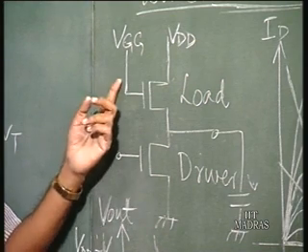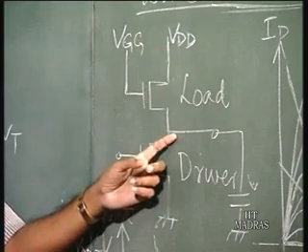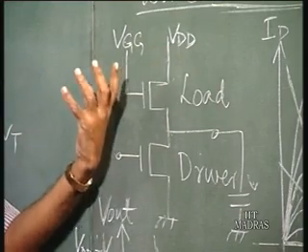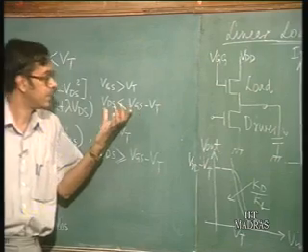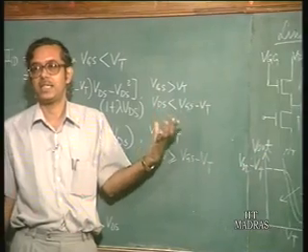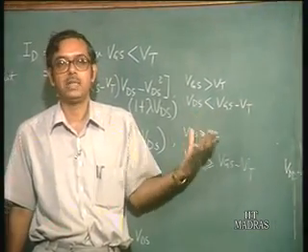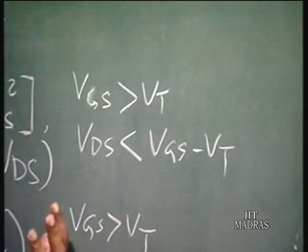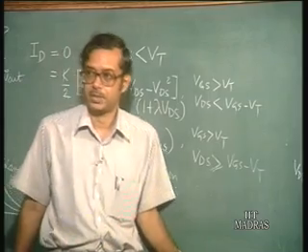The gate to source voltage is greater than the drain to source voltage by more than VT, because VGG is greater than VDD by more than VT. So VDS will always be less than VGS minus VT, which means that the transistor is always going to be in the linear region of operation.